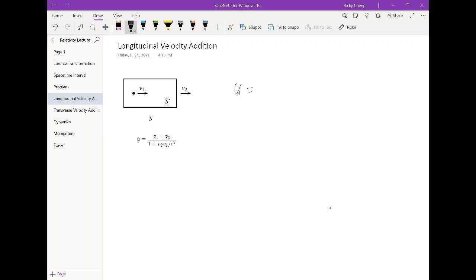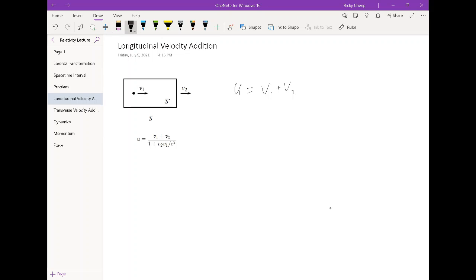Then u is just equal to v1 plus v2, since the object is moving with speed v1 relative to a frame that is moving with a speed of v2 relative to you.